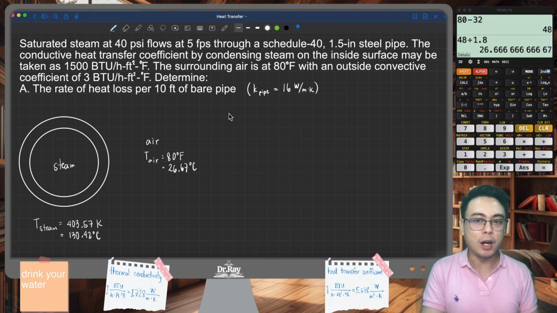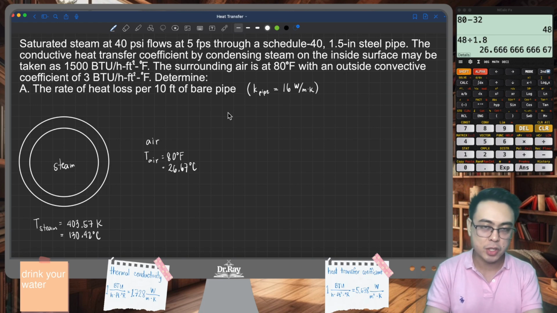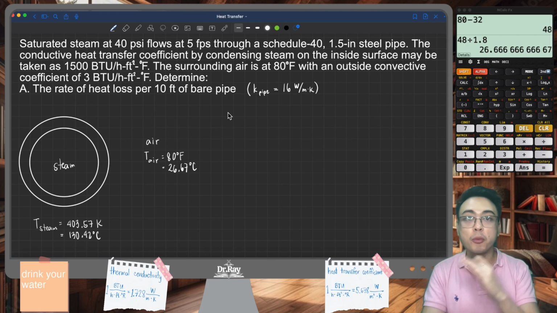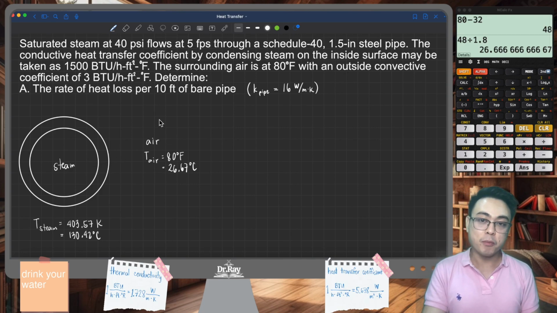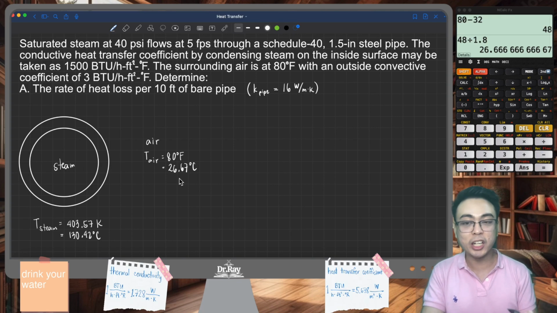Now, one very important thing to know here is the direction of heat transfer. Remember that thermodynamics tells us that heat is always spontaneously transferred from high temperature to low temperature. So, if the temperature inside of your pipe is 130 degrees Celsius roughly, and the temperature outside of the pipe, that for air, is 26.67 degrees Celsius, thermodynamics tells us that the transfer will be from the inside of the pipe to the outside of the pipe.